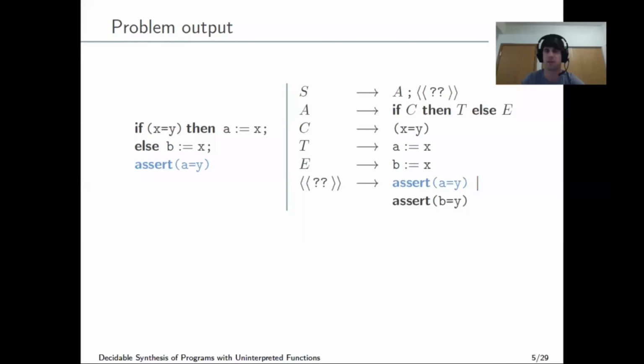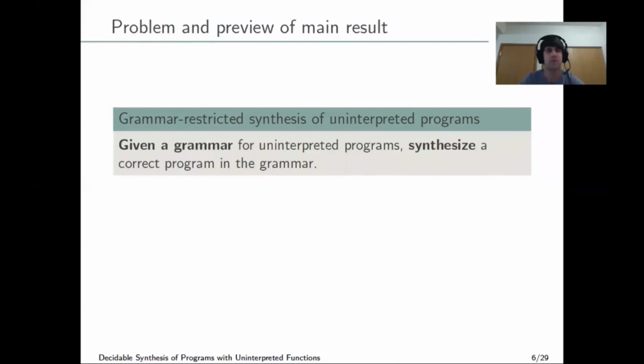Of course, we're working in an uninterpreted semantics, as I said, but we can forget the details of that and think abstractly of assertions being true where the semantics is sort of a parameter of what I'm talking about. The problem's called grammar restricted synthesis of uninterpreted programs. Given a grammar for uninterpreted programs, synthesize a correct program from the grammar.